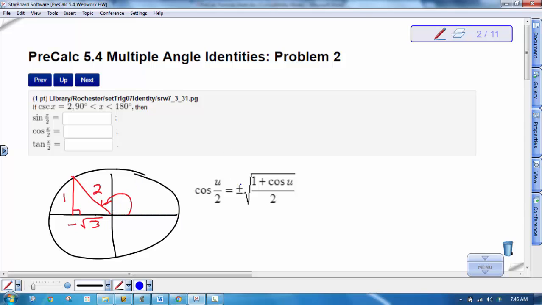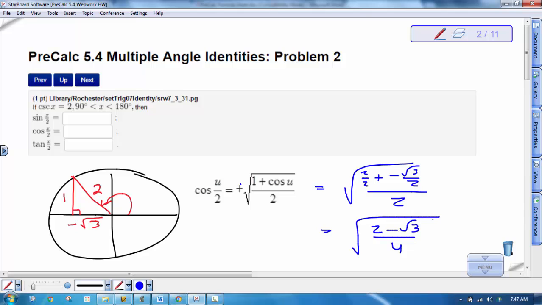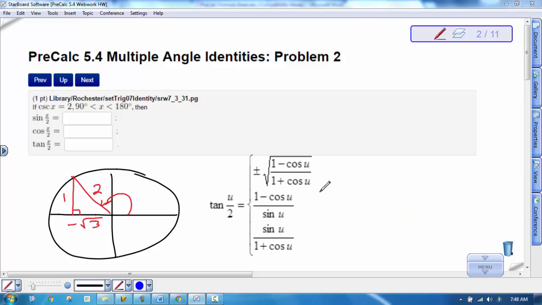That's a little tricky, but we're going to use the positive and get rid of the negative, and then just fill this out. So we have the square root of 1 plus the cosine of u was adjacent over hypotenuse, so negative square root of 3 over 2, all over 2. So simplify this, and I get a common denominator here. That gives us 2 minus the square root of 3 over 4. If you simplify that once again, that should work.